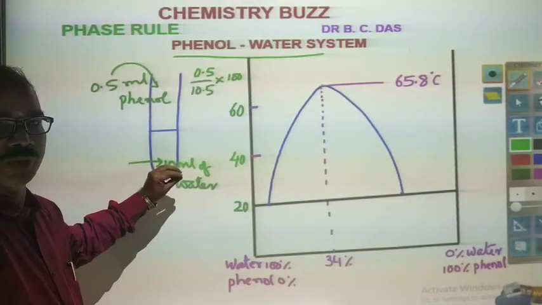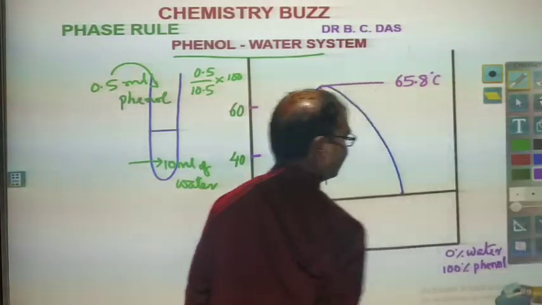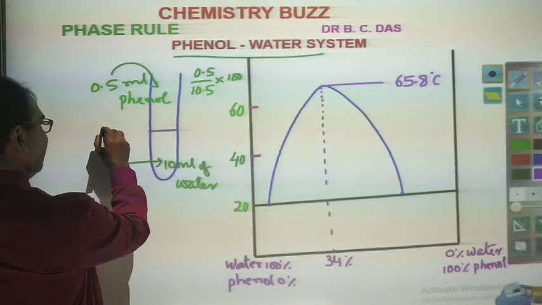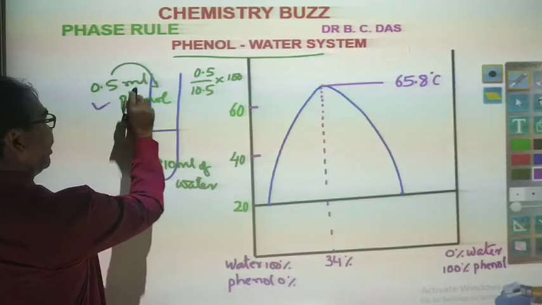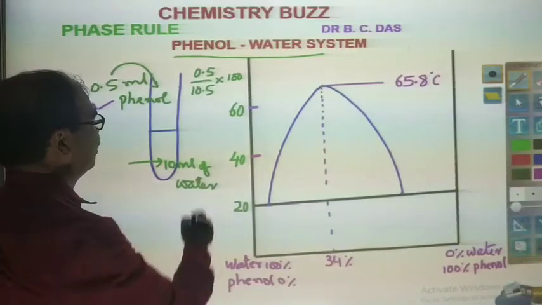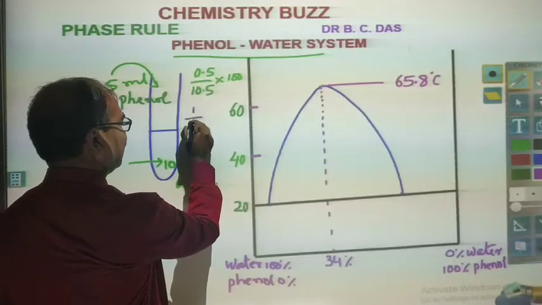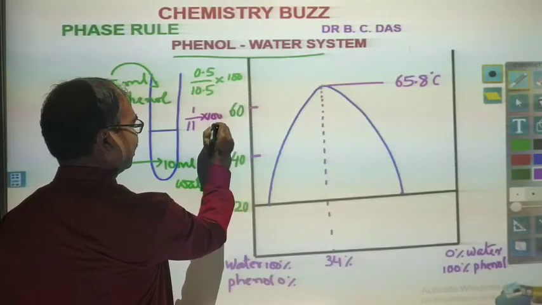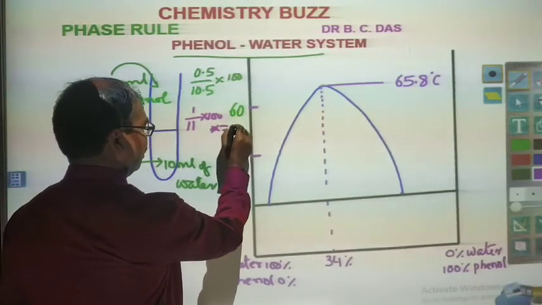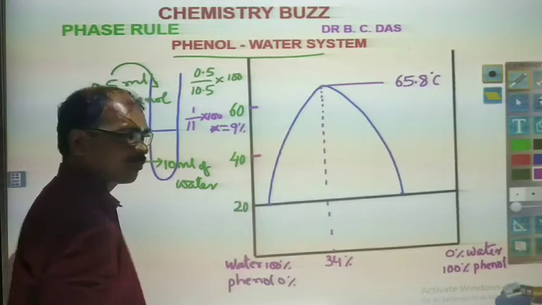The two components become homogeneous. But in the next step, again you add 0.5 ml to the previous one. So the composition of phenol will be 1 by 11 into 100, that is equal to 9%. Okay.